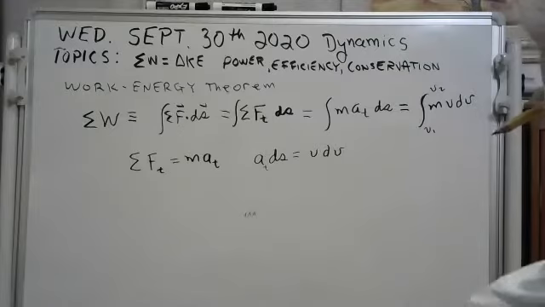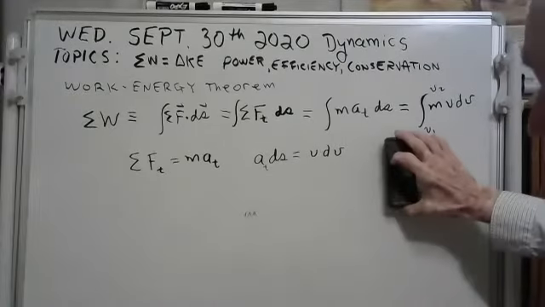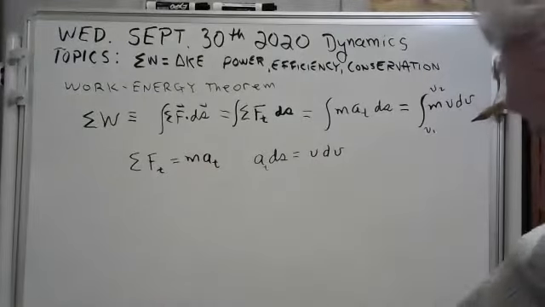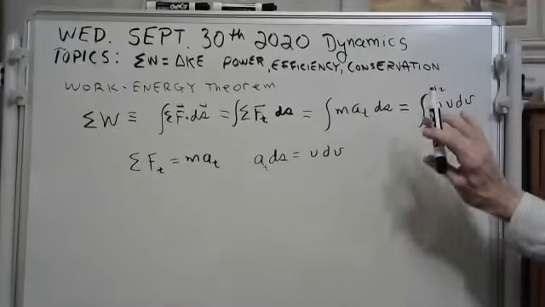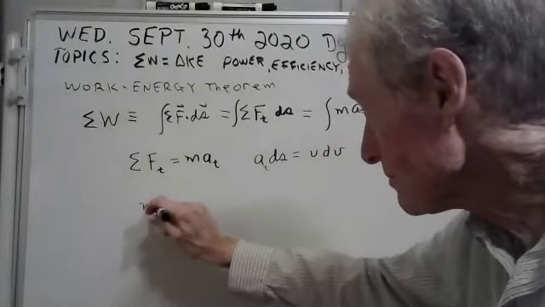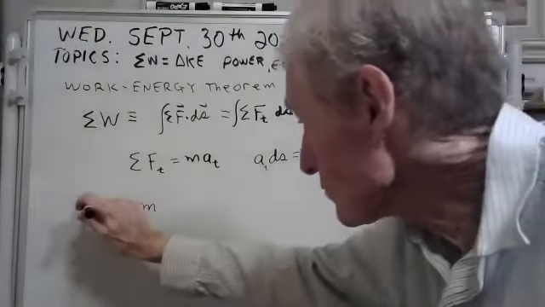Okay, we're almost done. Now this here, we're going to pull the mass out because it's constant. And here's what we've got now.